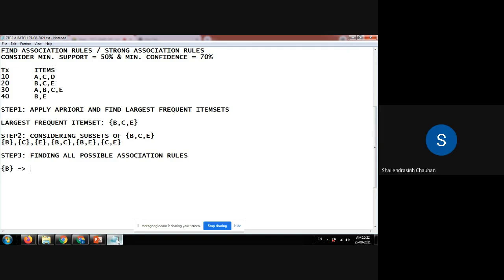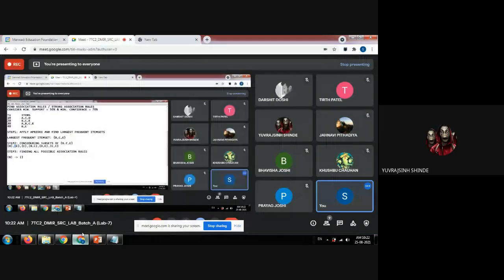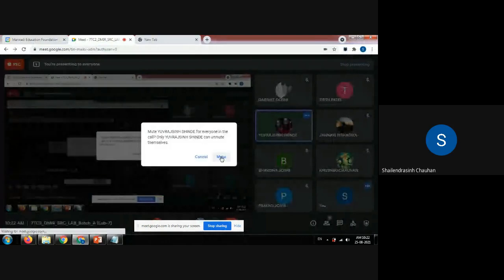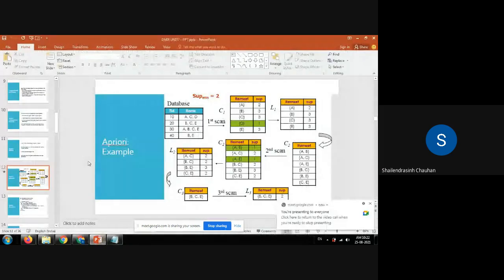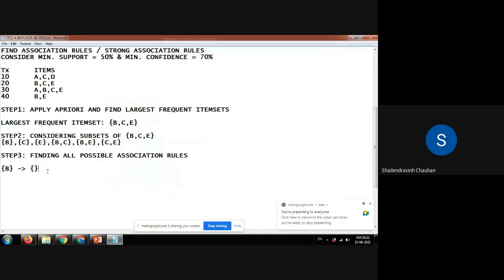We are going to consider the item set on the right with one item, in such a way that the item on the left hand side should not be included here.